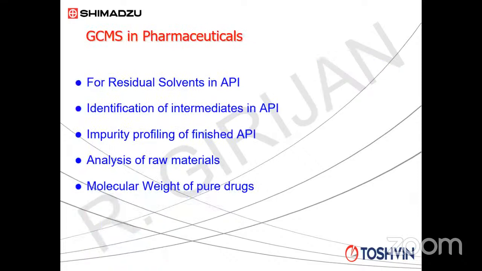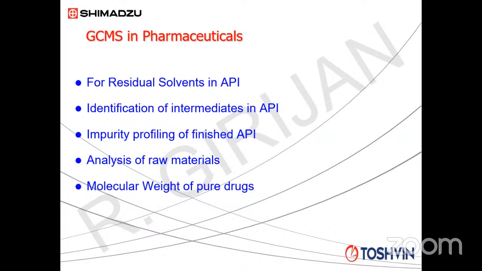In pharmaceuticals, a very prominent application of GCMS is residual solvents. You are all pharmaceutical people, you know. If residual solvent analysis is the requirement, USP method 467 describes the estimation of residual solvents in API.